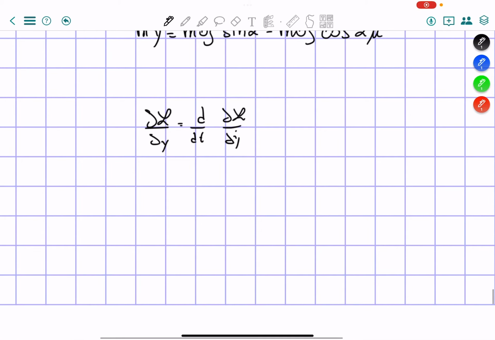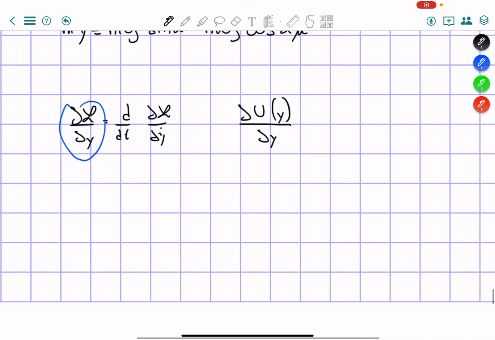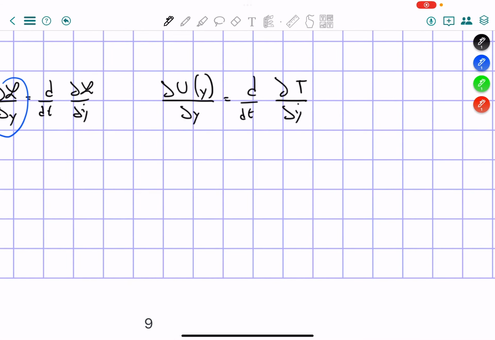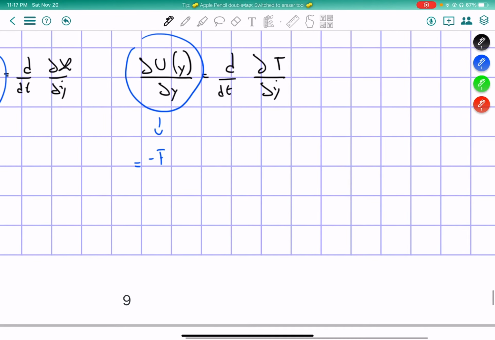From the first part, the derivative is simply the derivative of the potential energy with respect to y, which, as mentioned by the book, is equal to negative the force.